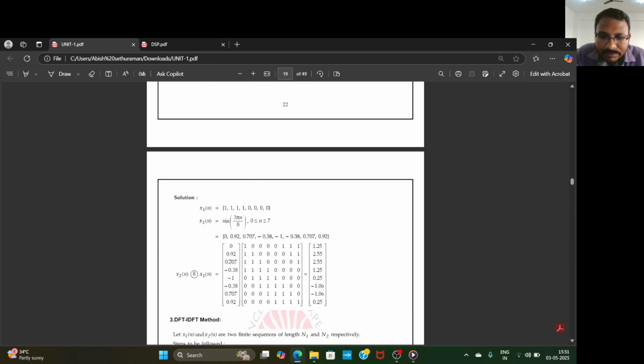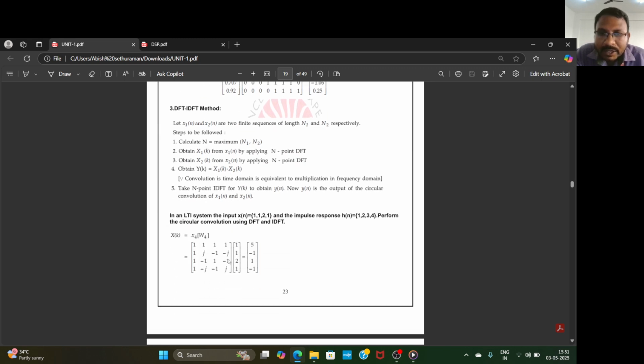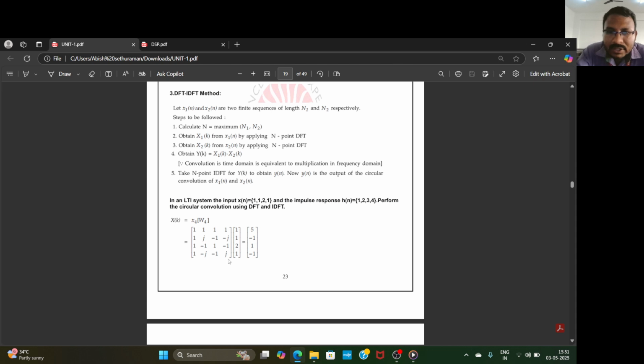Then the third method, the DFT and IDFT method. We are using the direct formula. These are the steps we have followed. First, calculate N, the maximum of the lengths N1 and N2. Then obtain x1 of k from x1 of n by applying N-point DFT. Third, obtain x2 of k from x2 of n by applying N-point DFT.